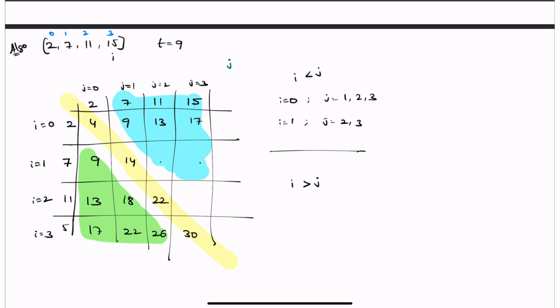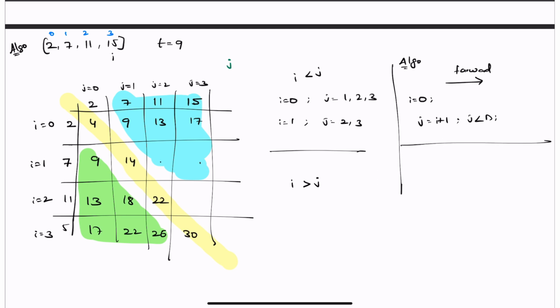So the algorithm from this is: if you are standing at one position, from the next position explore till the last, which is a forward kind of thing. And in the i greater than j region, the algorithm is, when you're standing at one particular position, from the starting, explore up to that position.